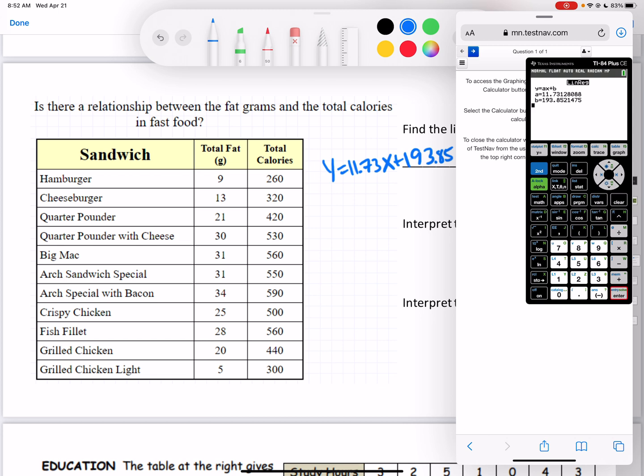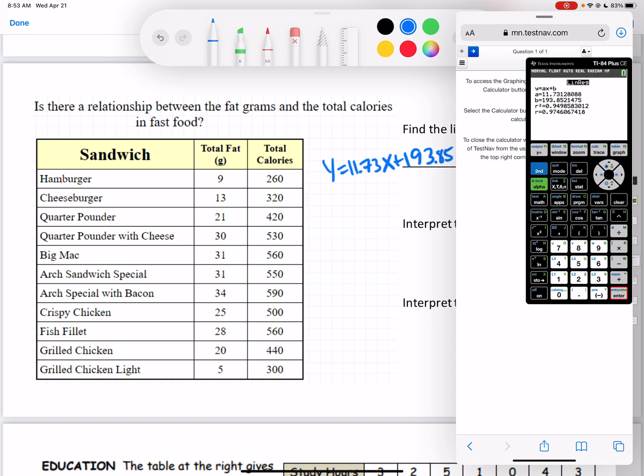If you don't see the R value, you have to turn your diagnostic on. To get there, we go to second 0, and you scroll all the way down. It's in alphabetical order. You scroll all the way down until you see diagnostic on. And once you get there, you press enter, enter again, done. So now when I go to my stat regression line, number 4, it should show me my R value. Okay, so that's how we're going to use the calculator.